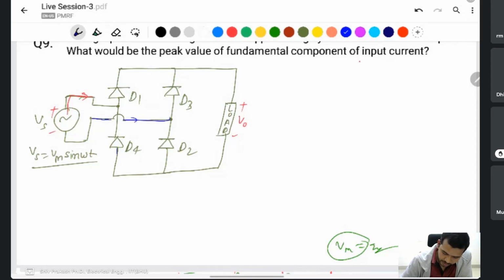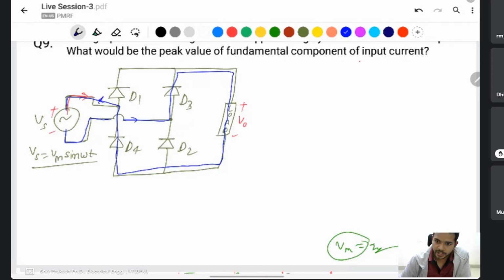Current flows in the negative direction. That's why I have taken the polarity for reference only. As I said in the starting, in this case you find V naught is minus Vs, because positive is connected to the negative, and negative is connected to the positive. That's why V naught is minus Vs.